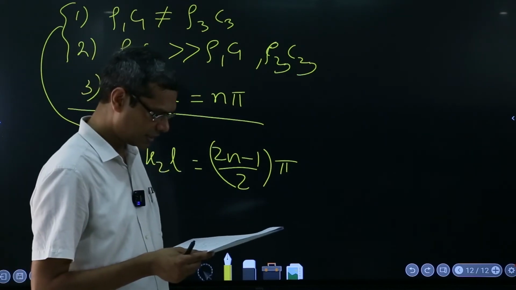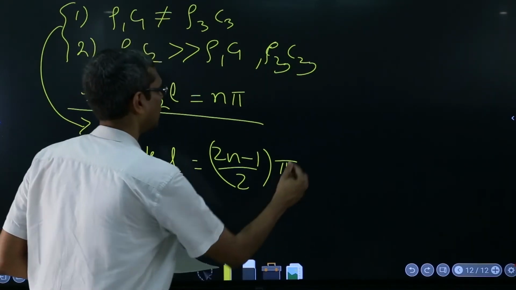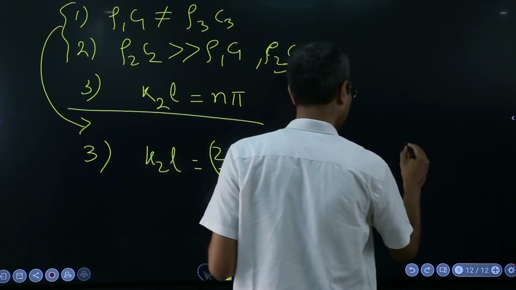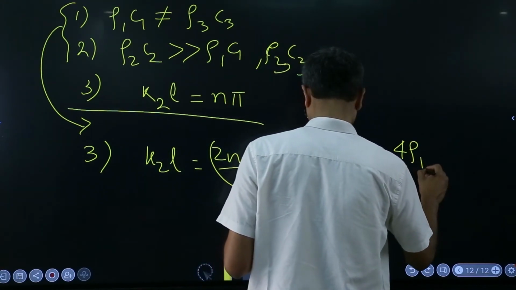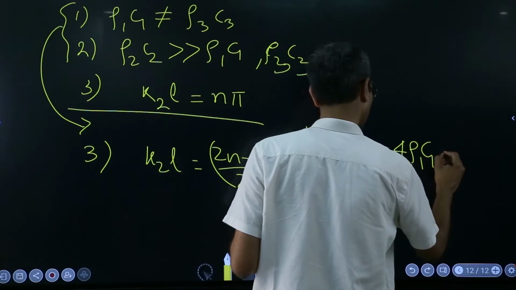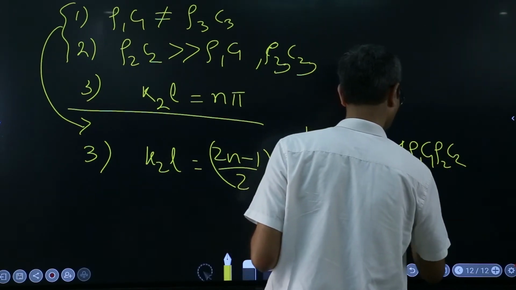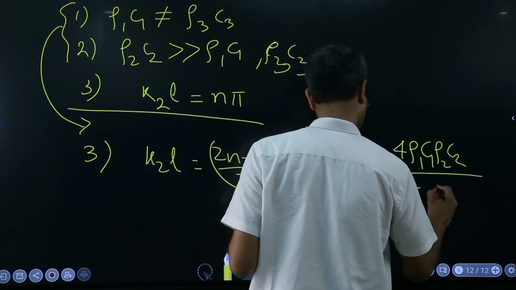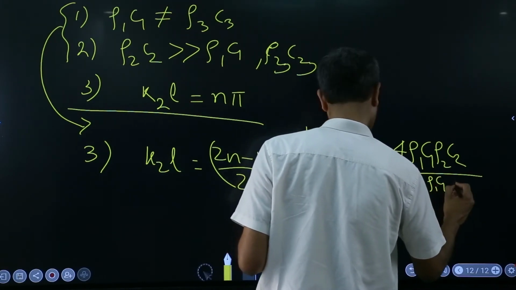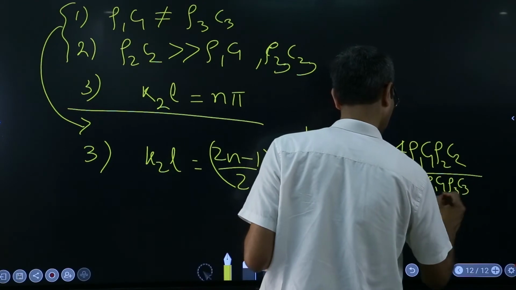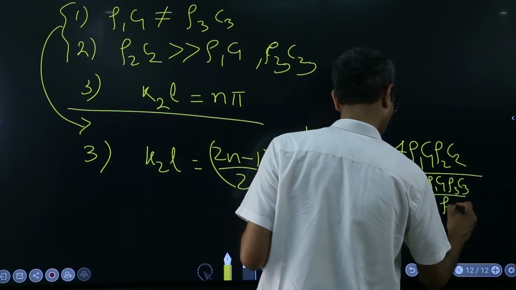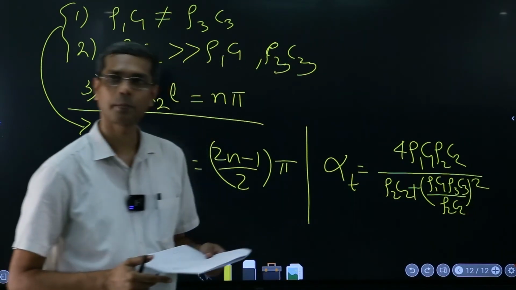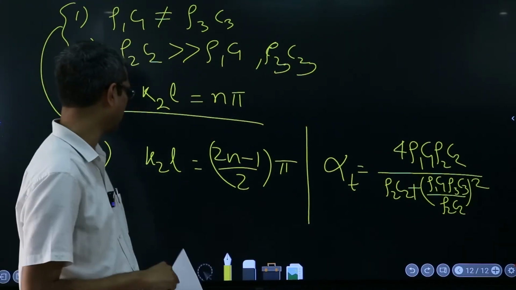Okay, so in this case your alpha t can be approximated as 4 rho 1 c1 rho 2 c2 over rho 2 c2 plus rho 1 c1 rho 3 c3 over rho 2 c2, the whole thing squared.